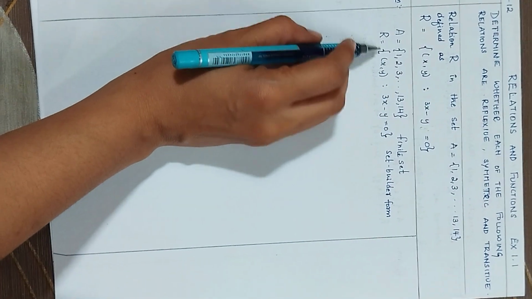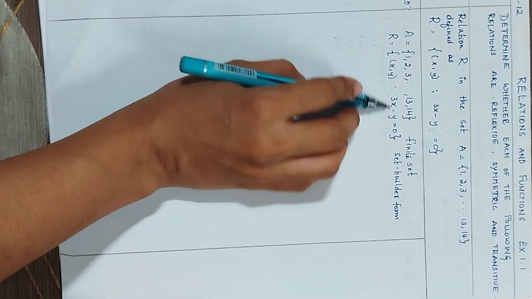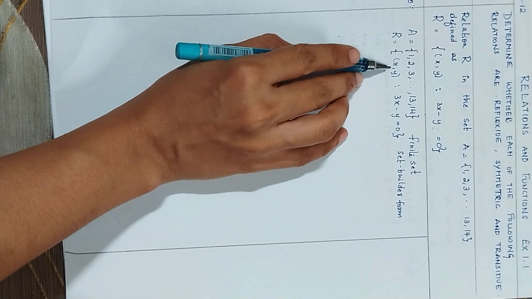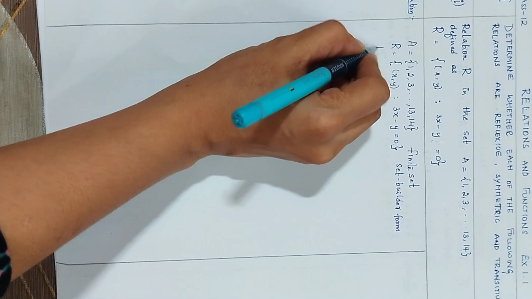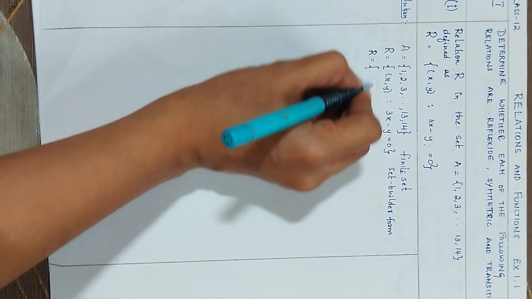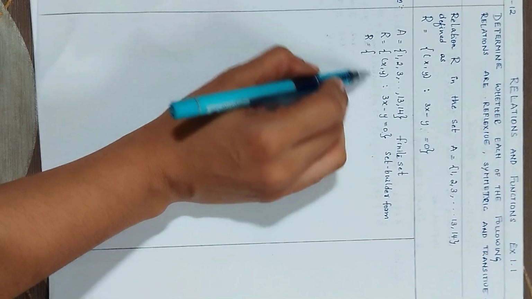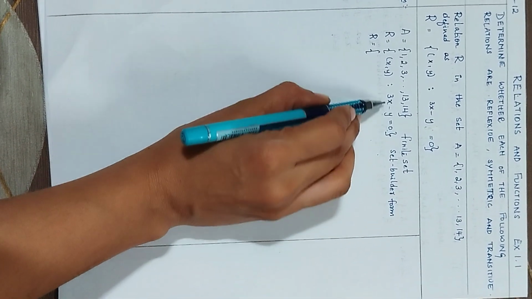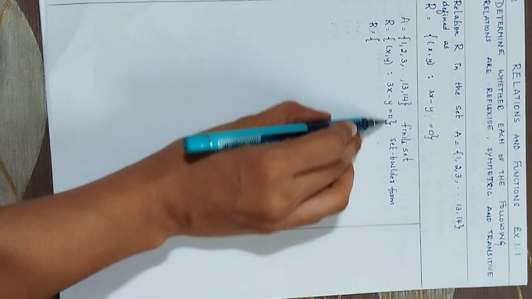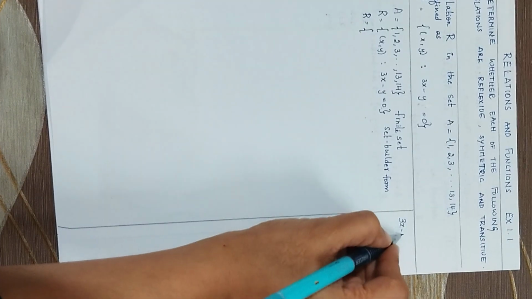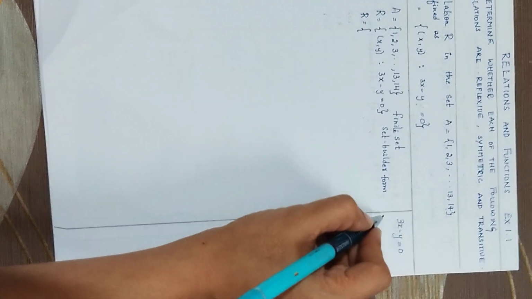Now let us decode this and write all the elements of R. We can only write the elements of R by using this property. So let us write this property here: 3x minus y is equal to 0.